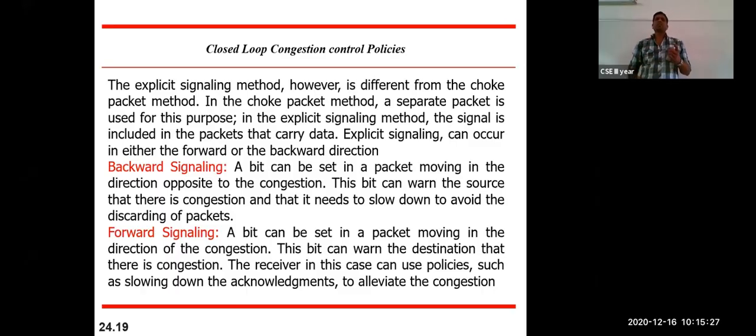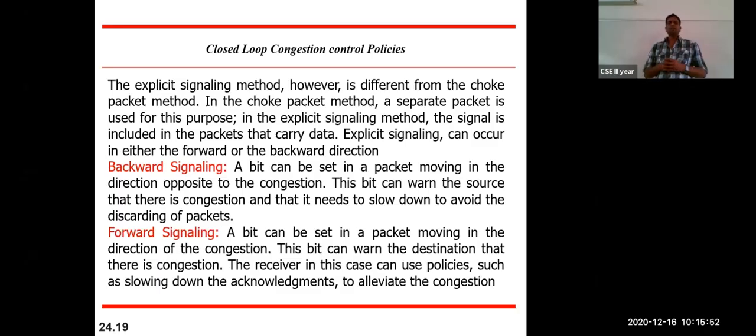That's the difference. It may look the same. Choke packet will send a separate warning packet to the source to inform about the congestion. Explicit signaling will not send a separate packet. Instead, it will add this warning packet to the outgoing data packet as piggybacking, as a tail to it, and send it to the source.